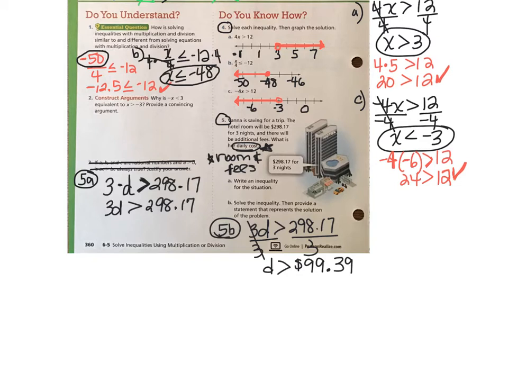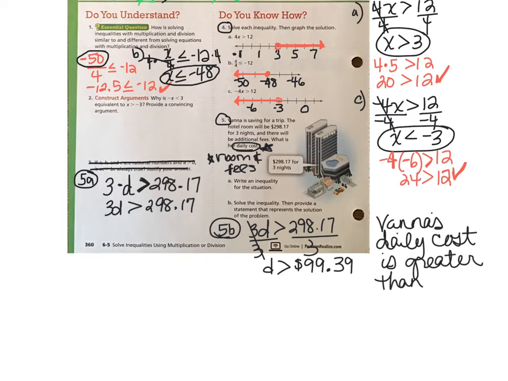So Vanna's daily cost is greater than $99.39. That $99.39 would actually represent the cost of perhaps just her hotel room without the added fees. But since D represents the room and the fees, we know it has to be more than that amount.